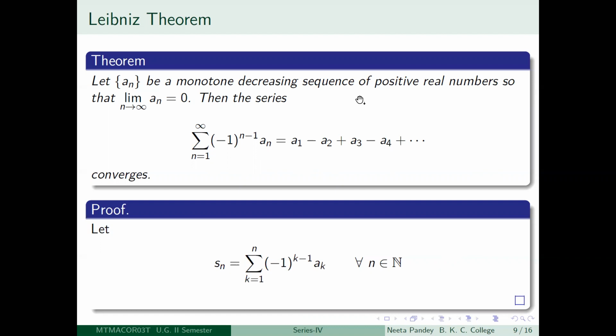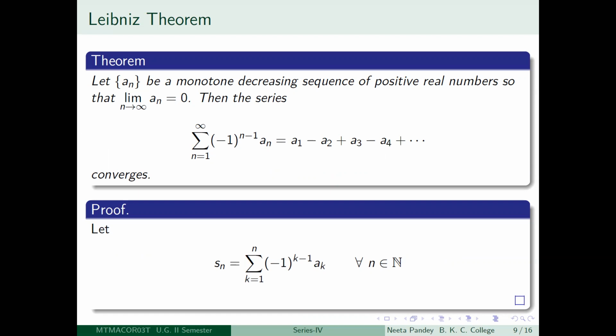First of all, it should be a sequence of positive real numbers, so that whenever you write it like this, you do get an alternating series. The sign of the terms keeps changing, and you should have that limit n tending to infinity a_n is equal to 0. So you need these three conditions for the Leibniz theorem to tell you that the series converges.